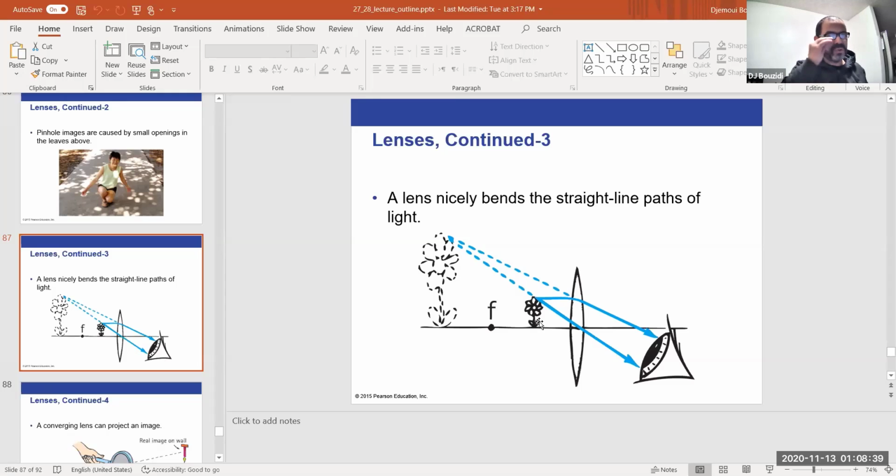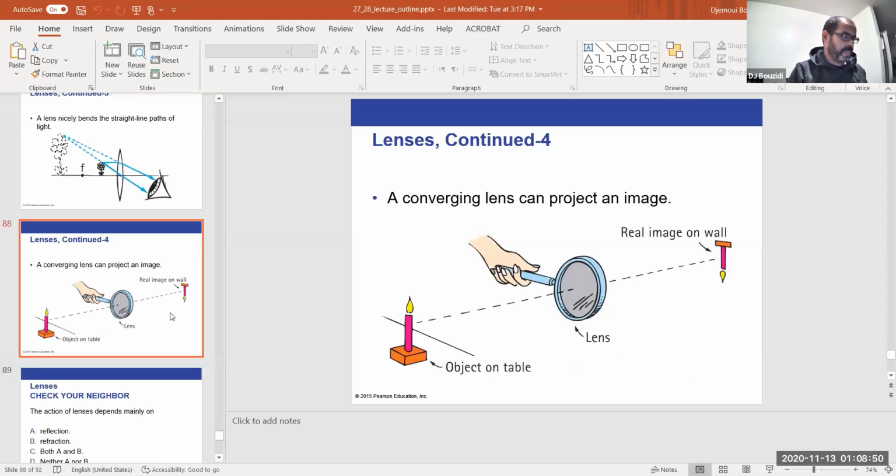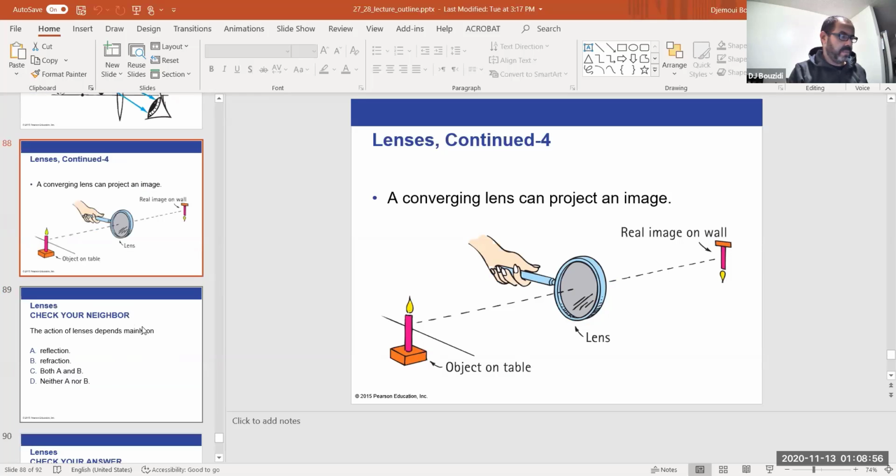So you use a magnifying glass to move the image at least to your near point or further. And then the object will appear, first of all, magnified, and then appears clear to you. Again, the object is inverted in here in this case.